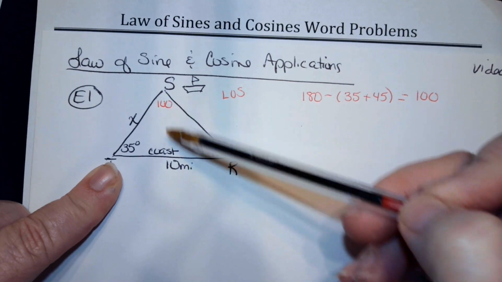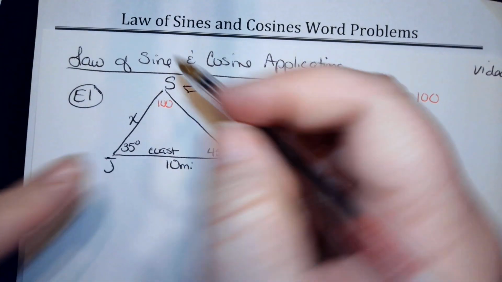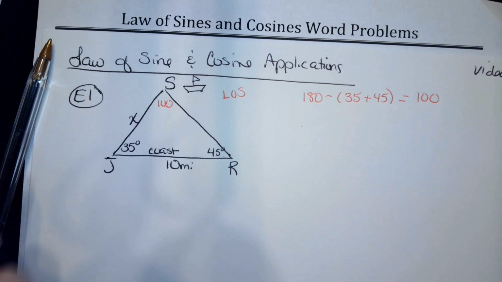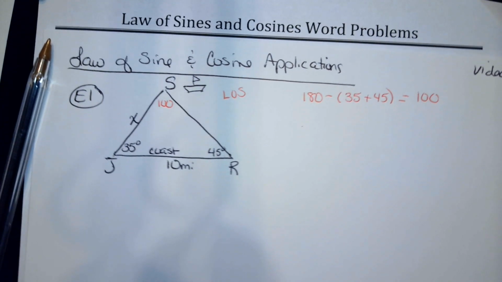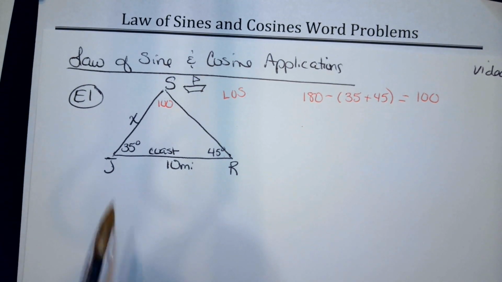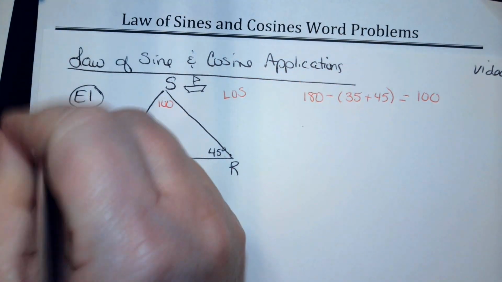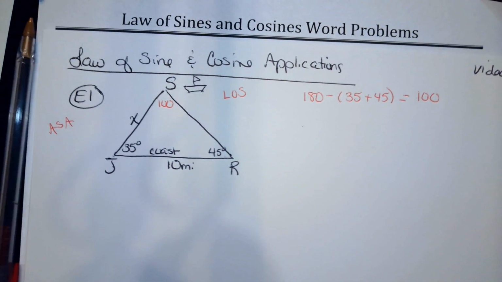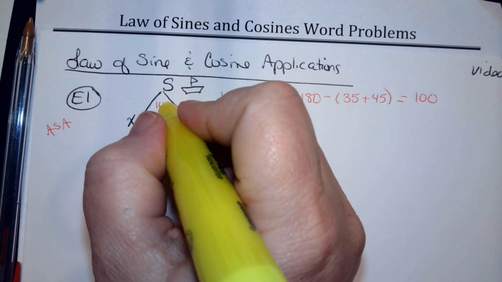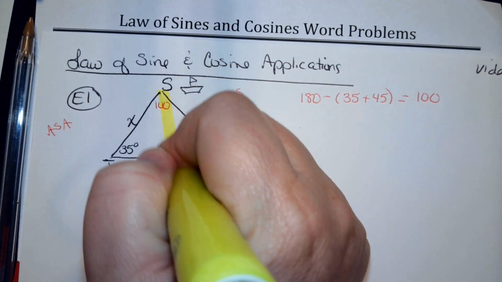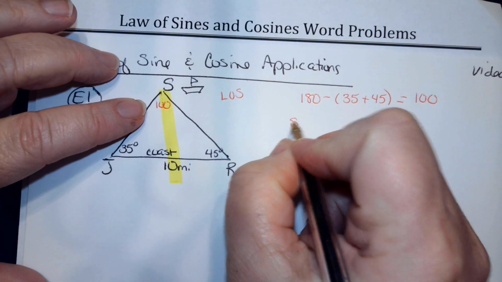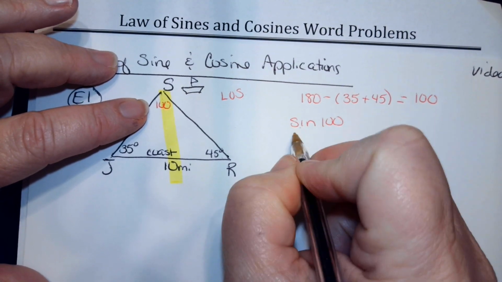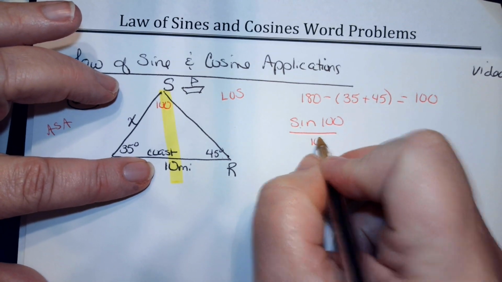Now we have an angle and the opposite side. Whenever you have an angle and the opposite side, we know that we can use law of sines. So as we talked about, this was angle, side, angle, and we had enough information given to us that we could find this missing angle. So I'm going to say the sine of 100 over its opposite side of 10.